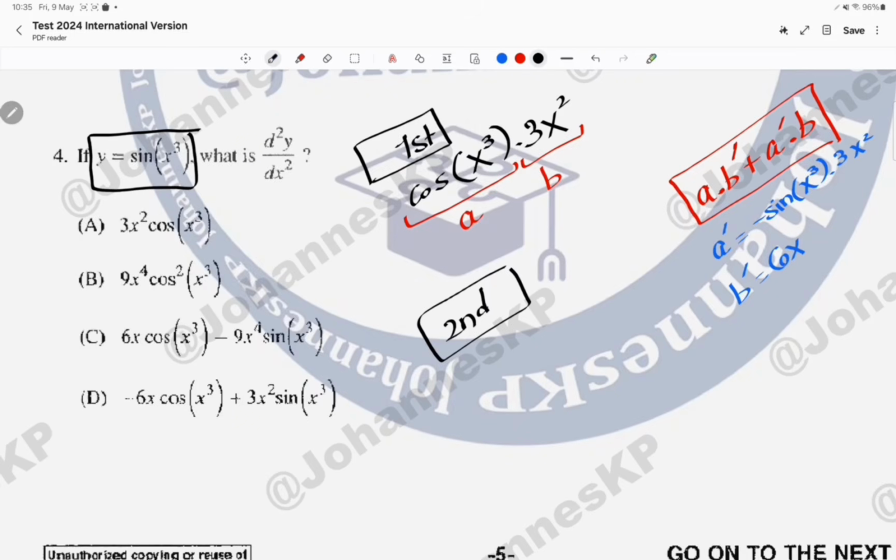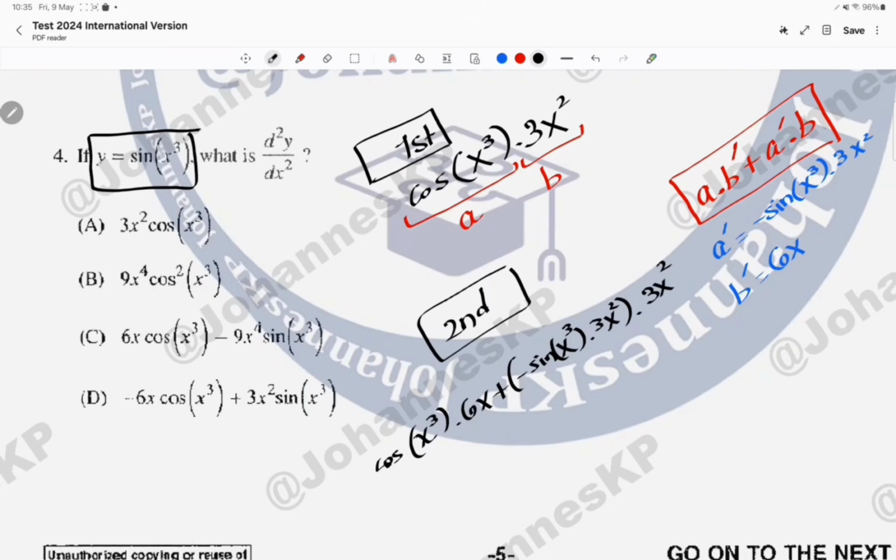Now let's do it. So a times b prime, plus a prime, which is negative sine x cubed times 3x squared, times b, 3x.